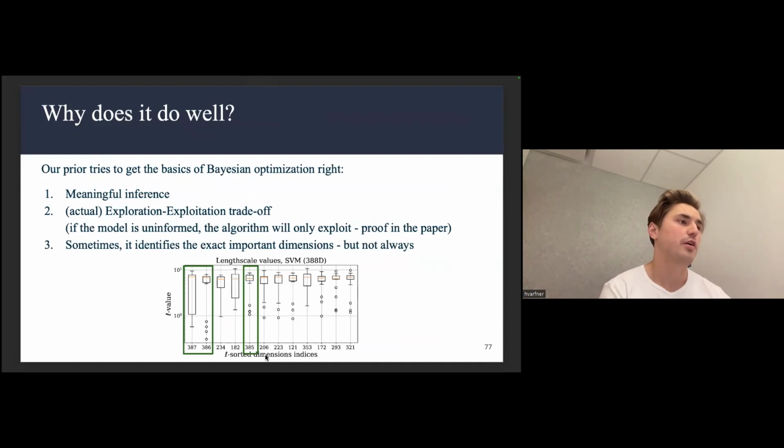These are the ones that are known to matter. And so we get 2 out of those 3 exactly right. That this dimension and this dimension should have the lowest length scale values. And that is also what we observe. Now, it's not perfect, meaning that a good amount of the times in these box plots, it actually fails to identify these. Yet the algorithm still works because it is just better calibrated than the alternative.